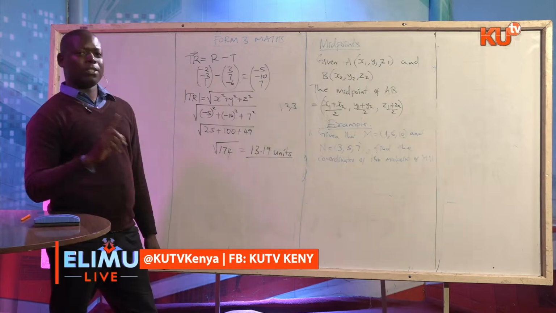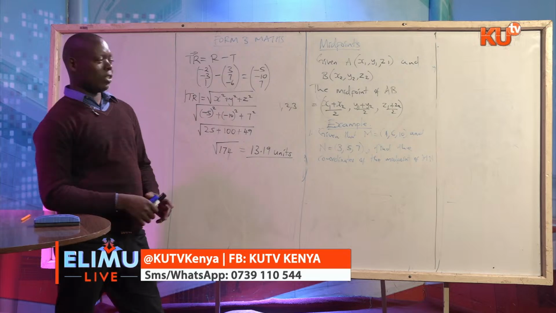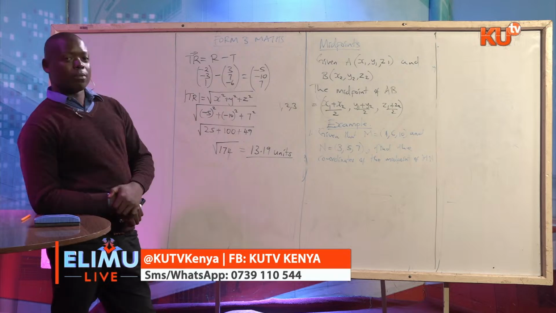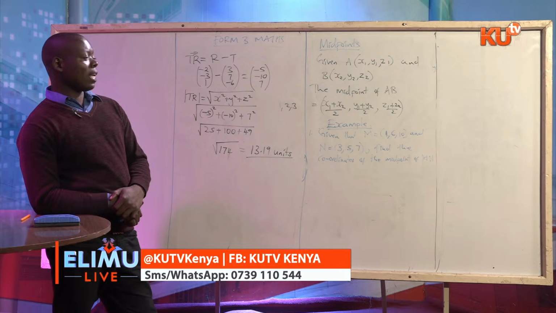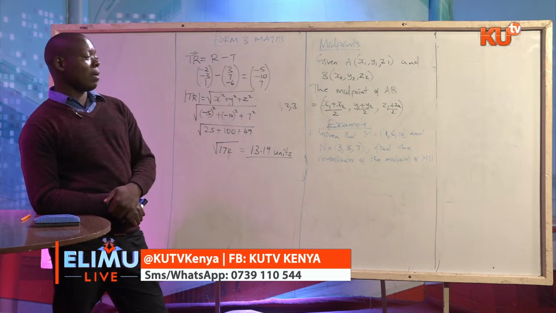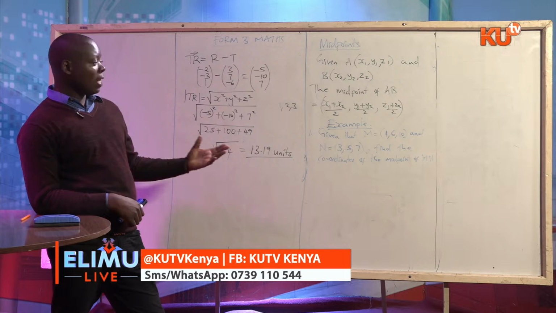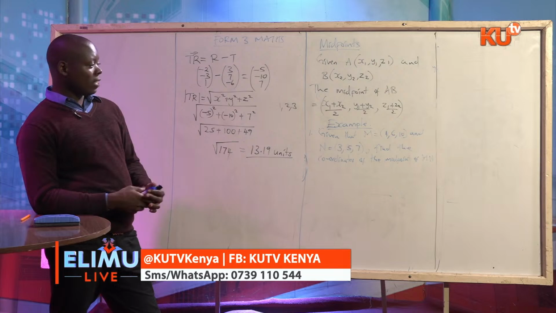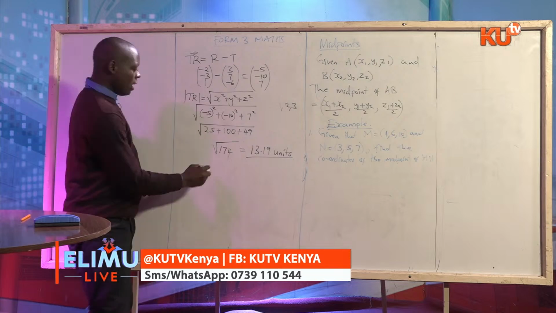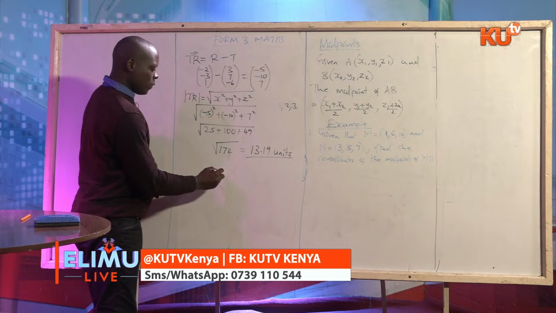Whenever students see such kind of a question, they rush, forgetting the important aspects being presented in the question. You will find a student going for MN because we've done the column vectors, and in this case, if we are to find MN anywhere, then what will it be, students?